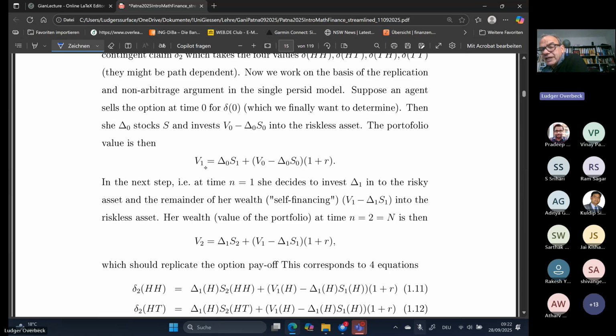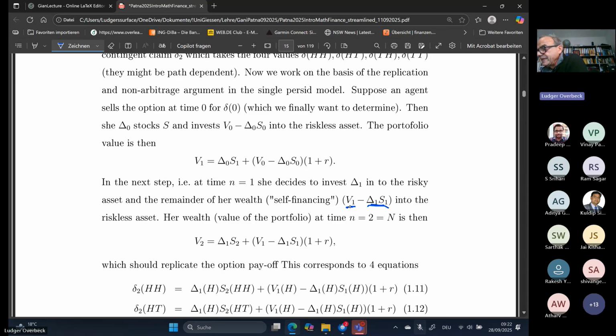And now, for the next step, she wants to reshuffle this money. That's called self-financing. She decides to hold delta 1 in the risky asset, but because she only has V1, she will invest V1 minus the cost of the hedge in the risky asset.